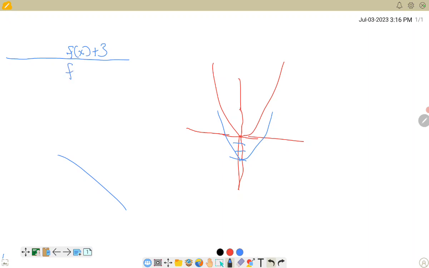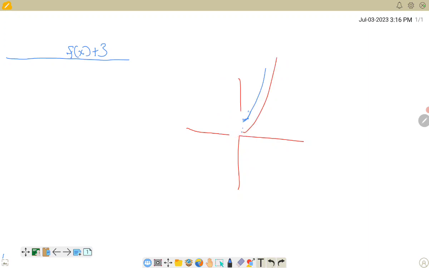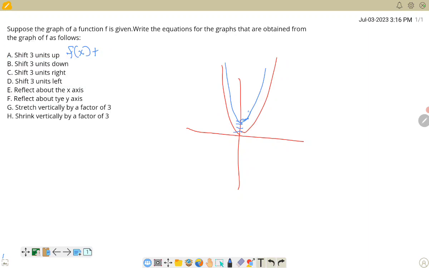So that would be f of x minus 3. I'm going to go back so we can see, yeah, here we go. We have plus 3. So this one's going to be f of x minus 3.